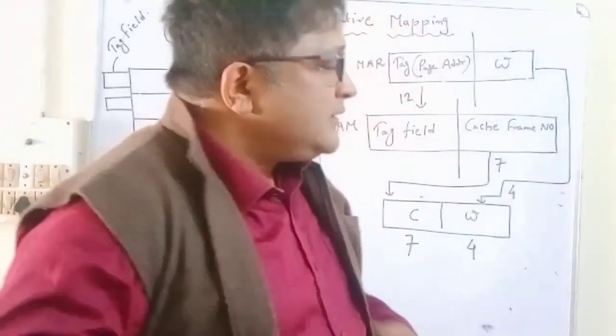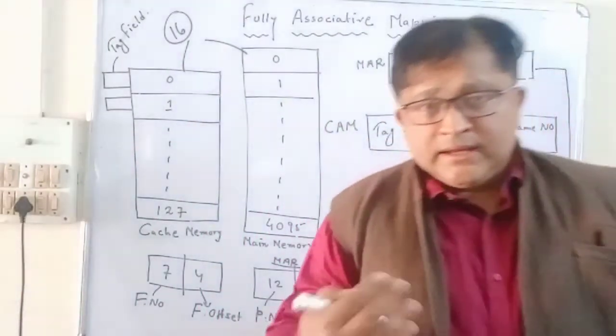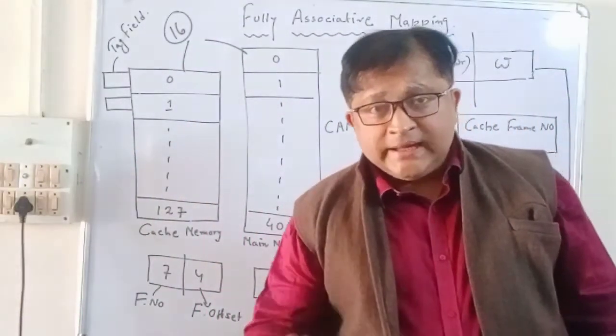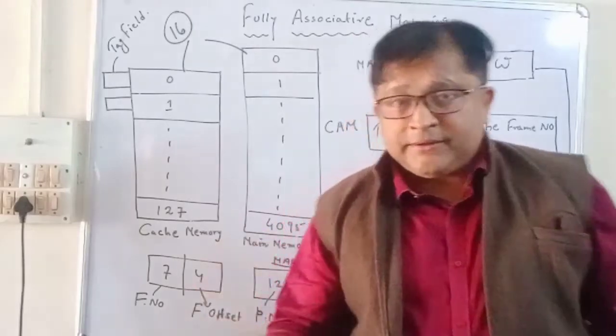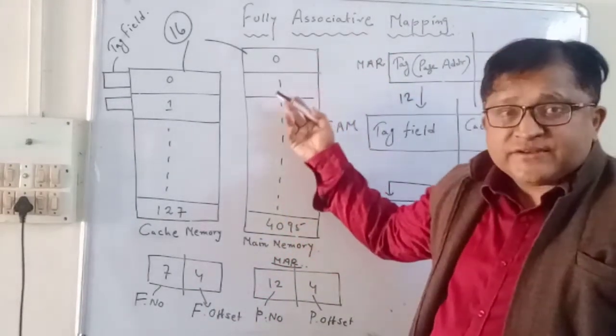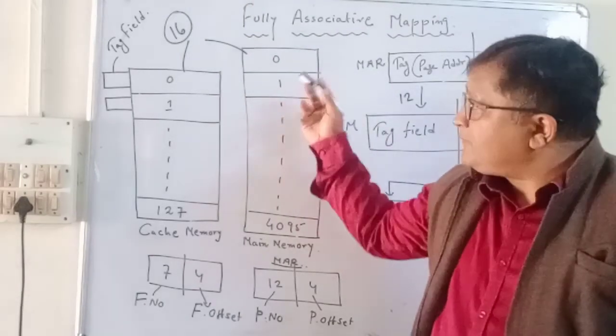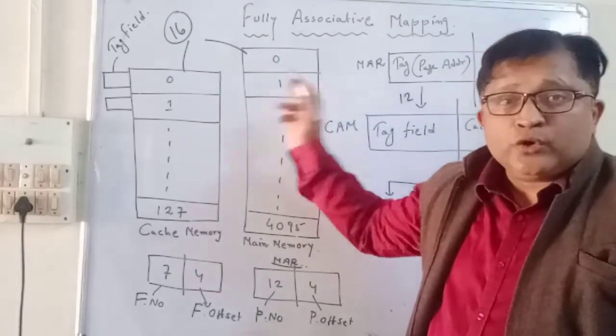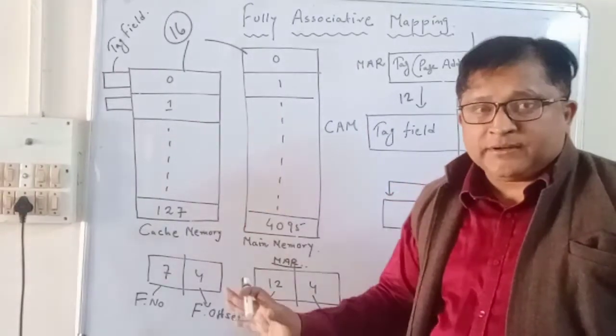Now, associative mapping is carried out with the help of content addressable memory, or CAM. In associative mapping, any page of the main memory can be loaded into any frame of the cache memory.